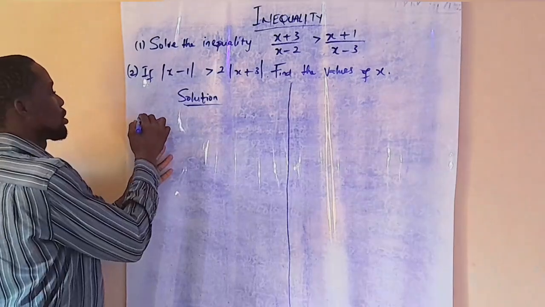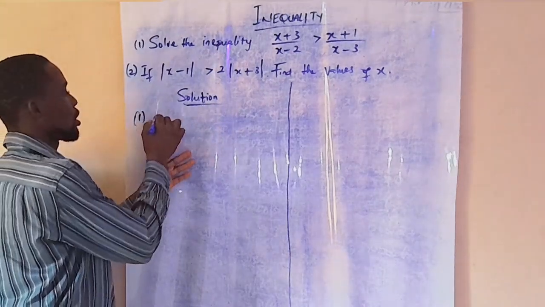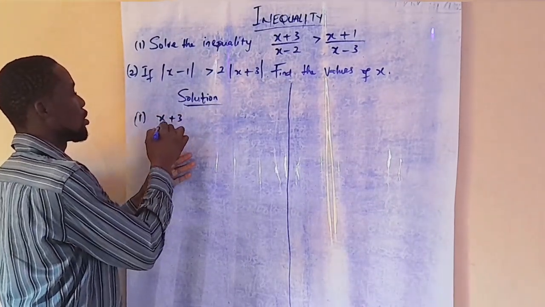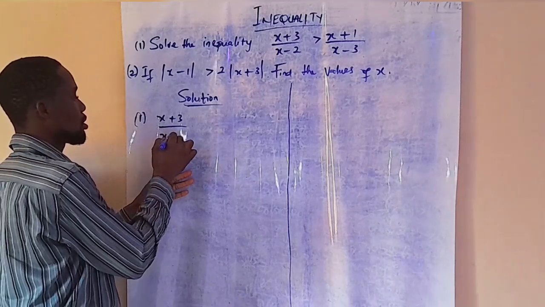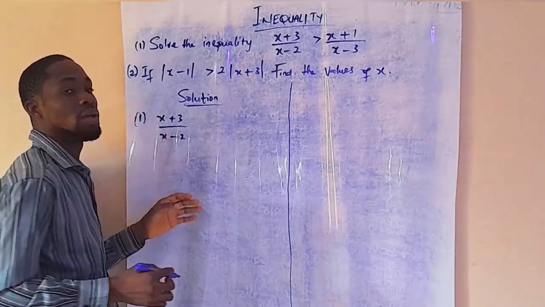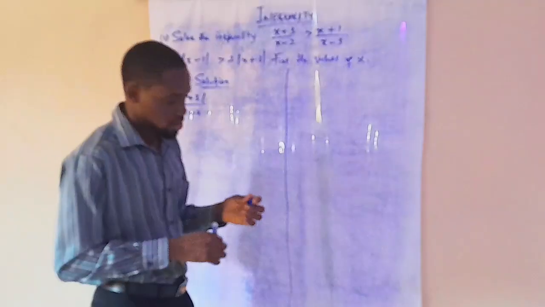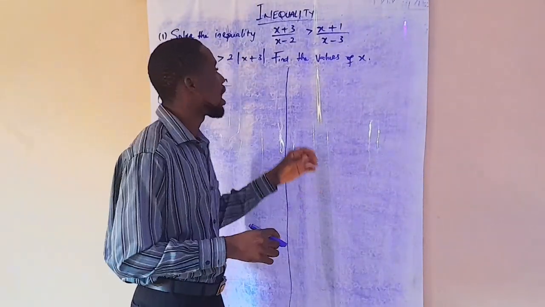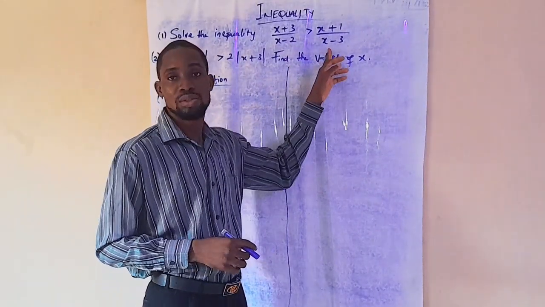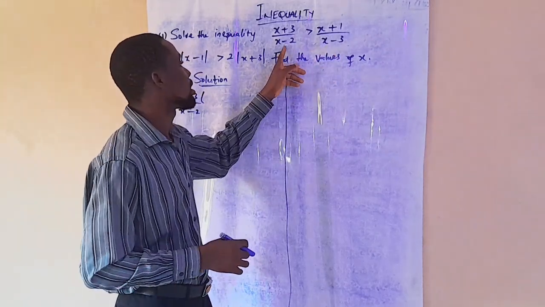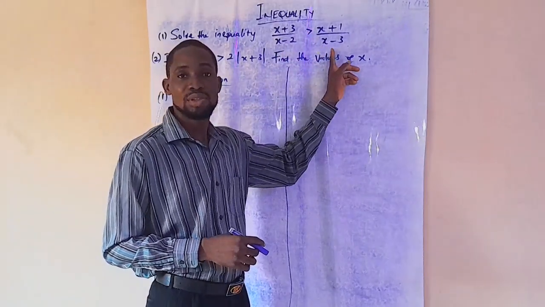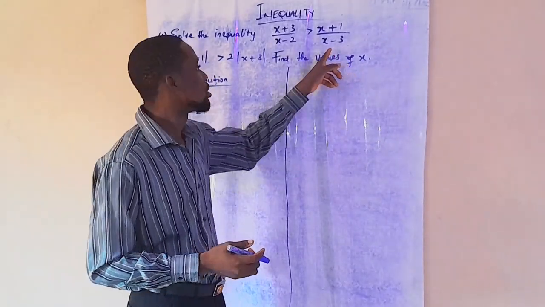Number one, I have (x + 3)/(x - 2). Looking at this, we have two denominators. We have x minus 2 and x minus 3.